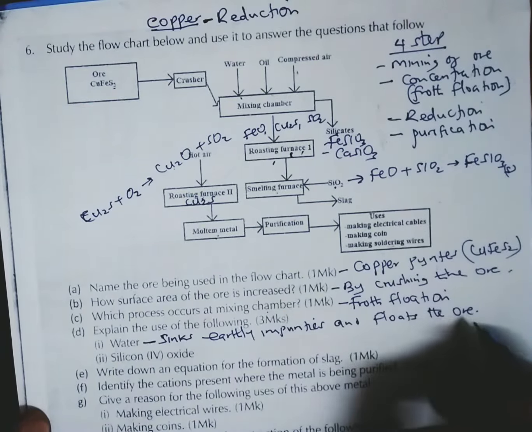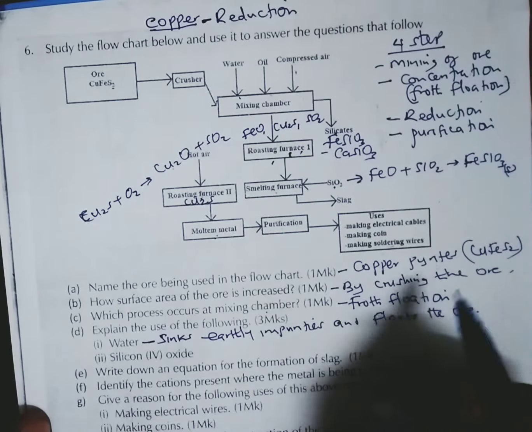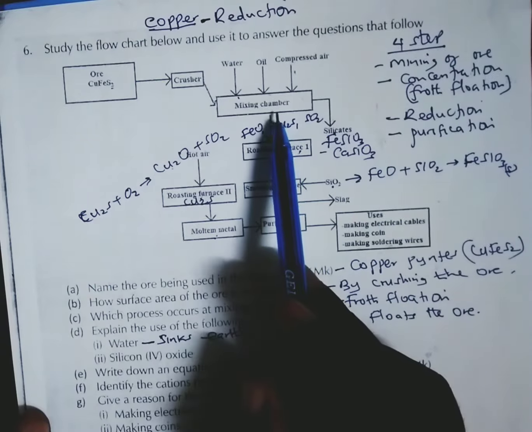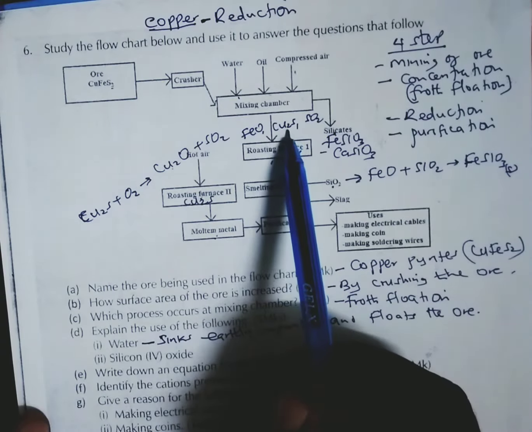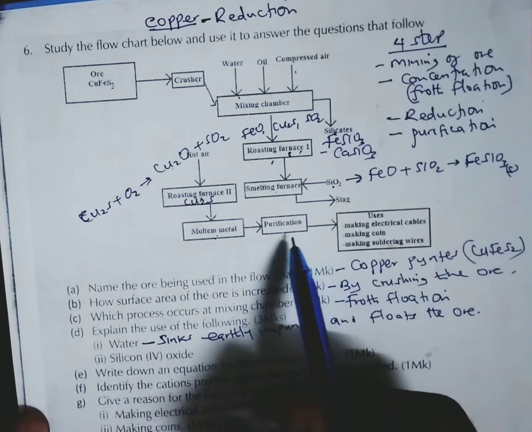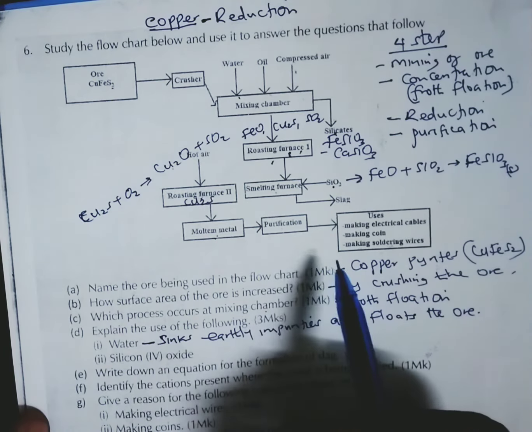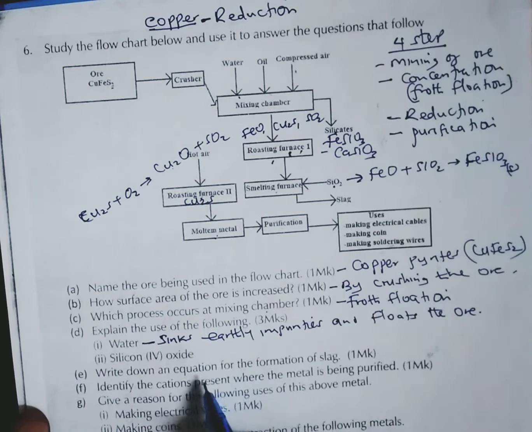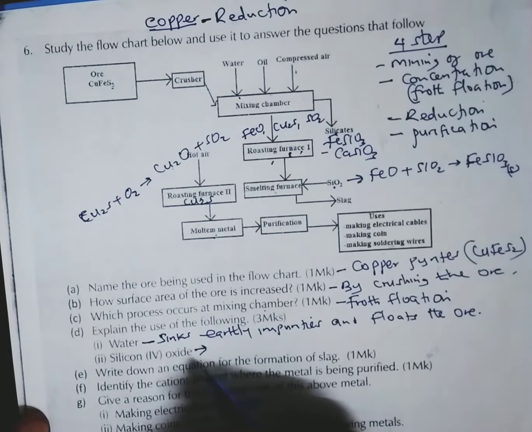The two are separated. Then of course the ore goes into the first roasting furnace, where it is heated to give us copper 1 sulfide, iron 2 oxide and sulfur 4 oxide gas. Then we have silicon 4 oxide.